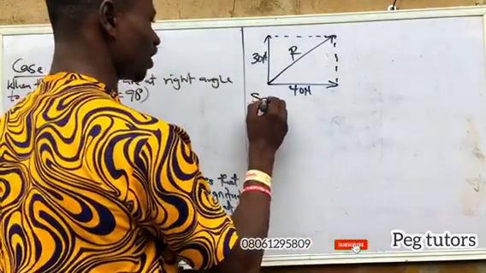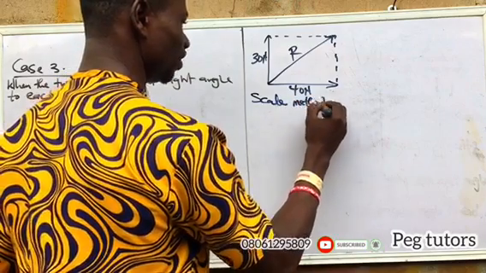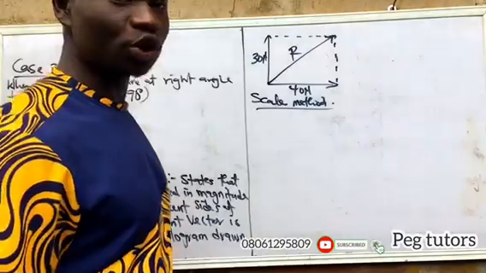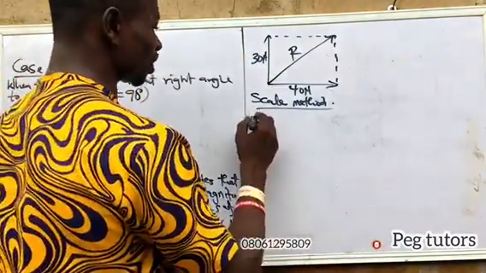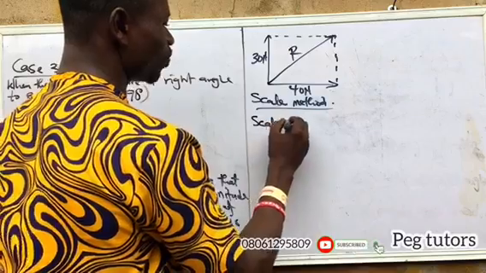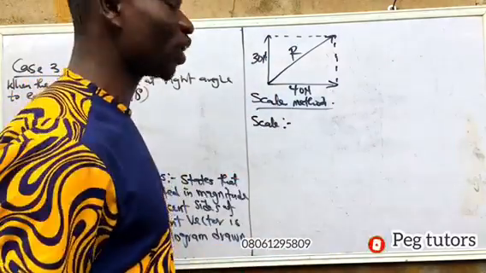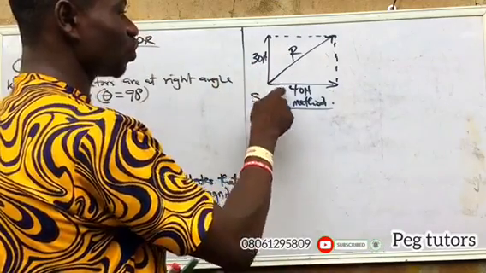So first of all, let's use the scale method to solve this. Now, using the scale method, take your ruler and take your protractor. Then come and measure this up to scale. First of all, you choose a scale. And what will be your scale? Remember that there's no 30 Newton, there's no 40 Newton on your ruler. So what you first do is convert these into centimeters.